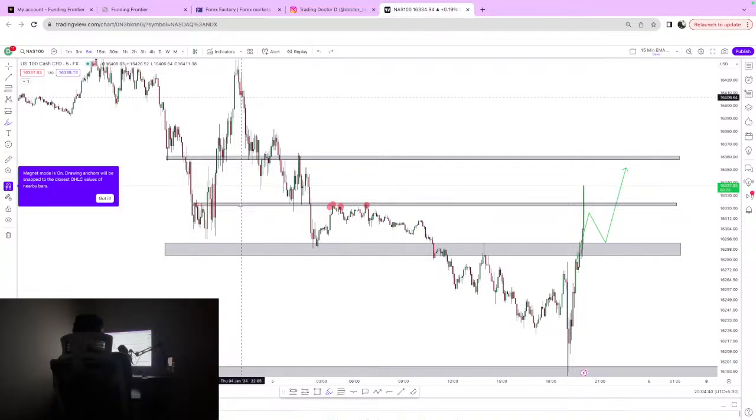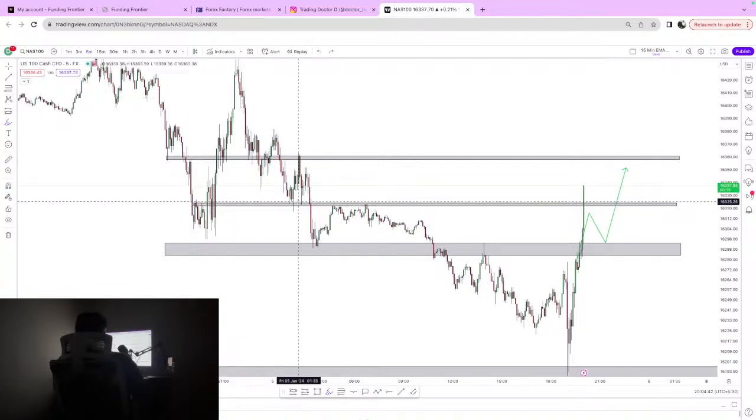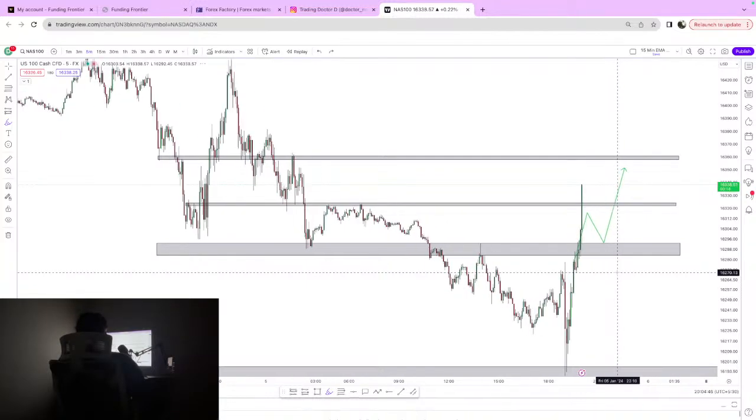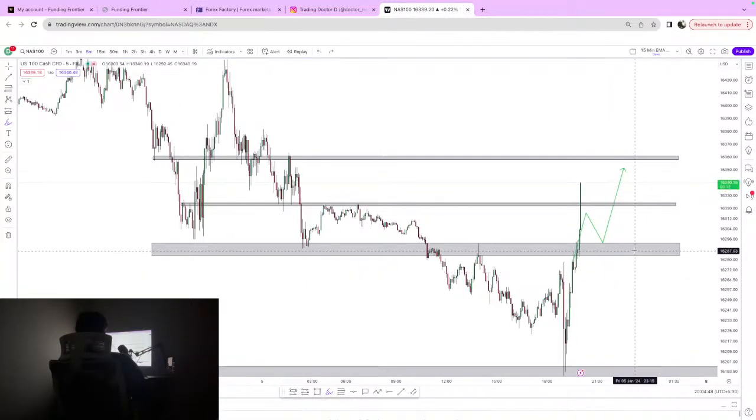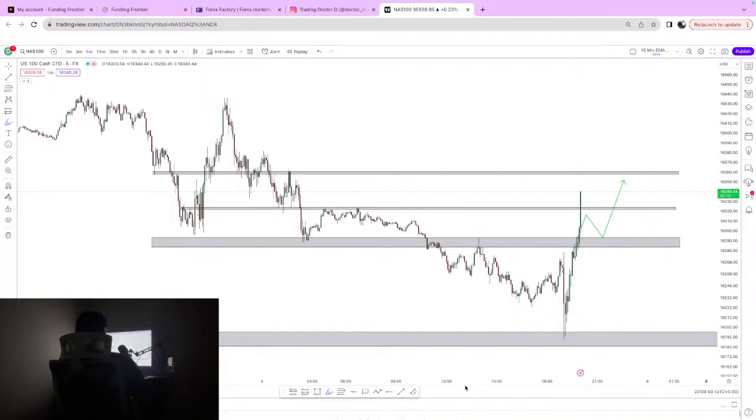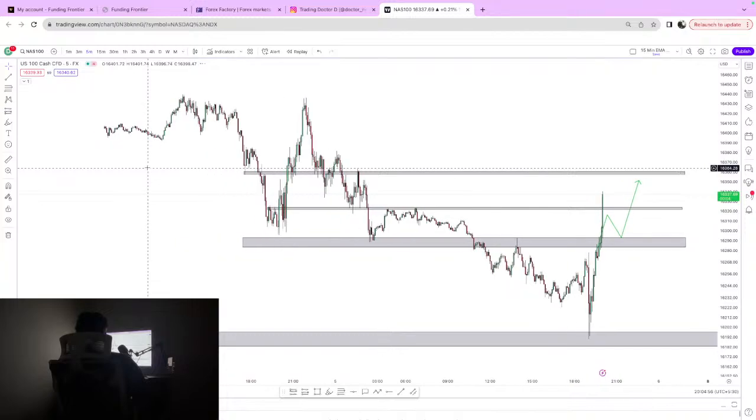So it has broken this one also. Currently nothing is in our hand. We have to just wait, watch and keep on tracking. If we get any trade, we'll surely take it.